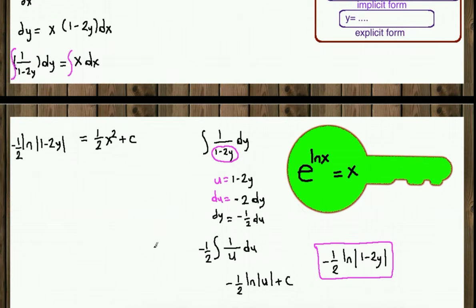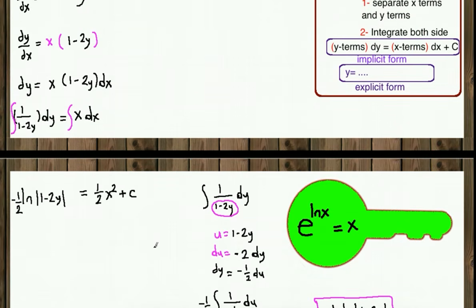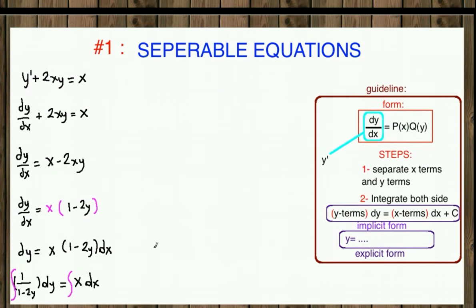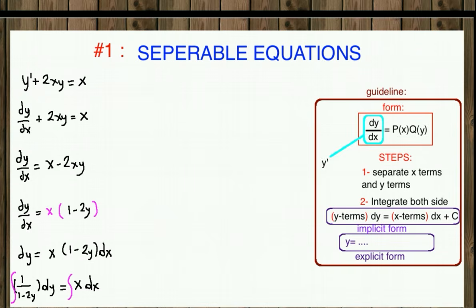Let's go back to our main question. Let's recap up to here. In the first step, we called y prime dy/dx. At the second step, we subtracted 2xy from both sides.